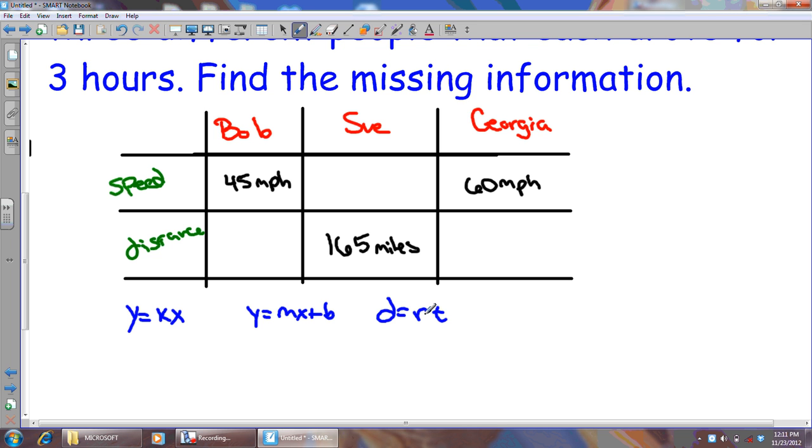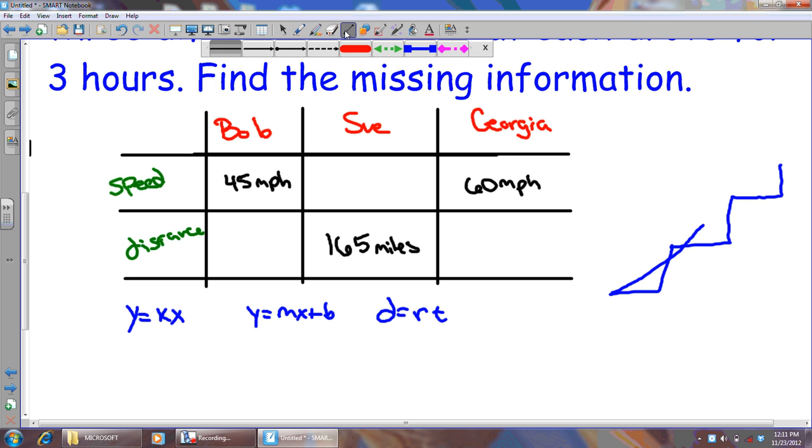The rate is the miles per hour, right? Well, that's like a slope. You go so many miles in 1 hour. You go so many more miles in another hour, right? And so what ends up happening is, oops, I should use an arrowhead, it'll work better.